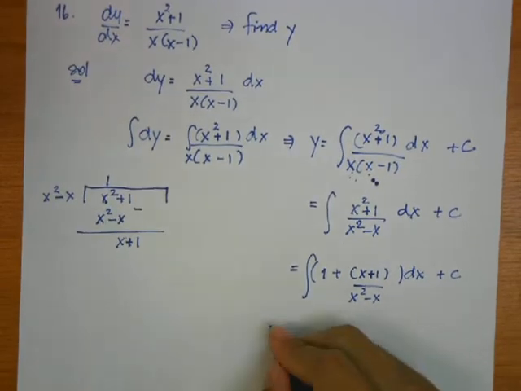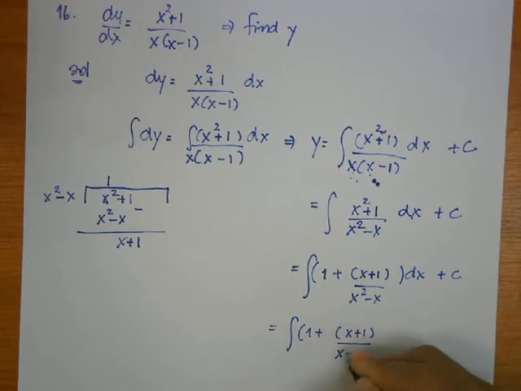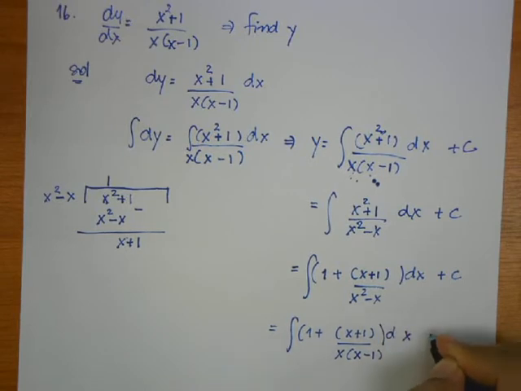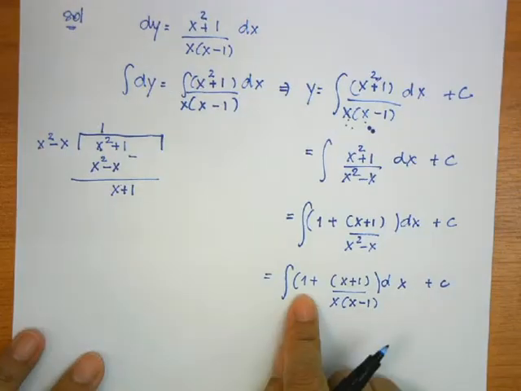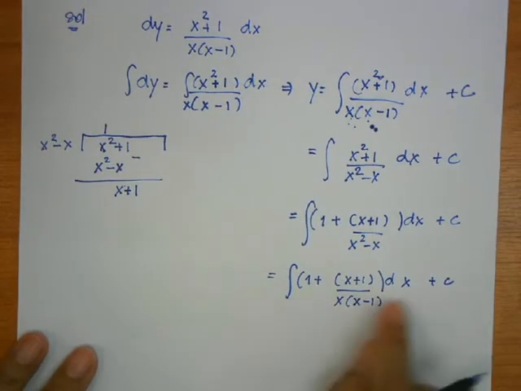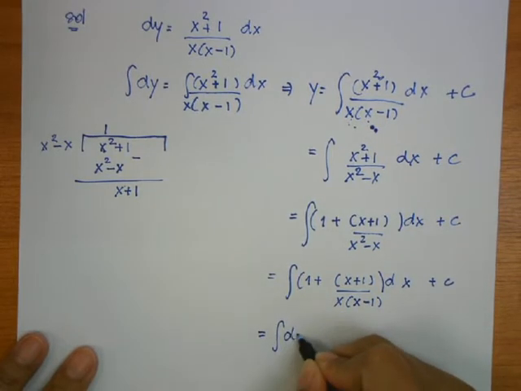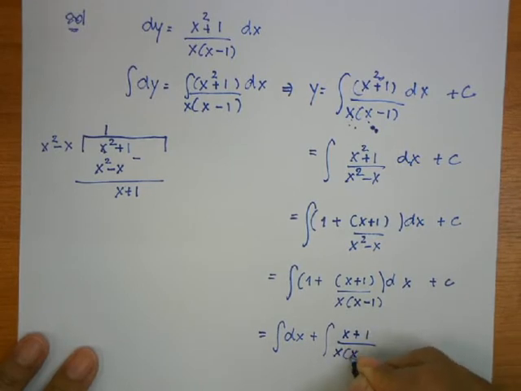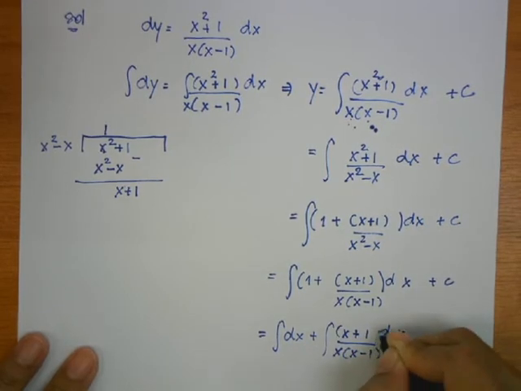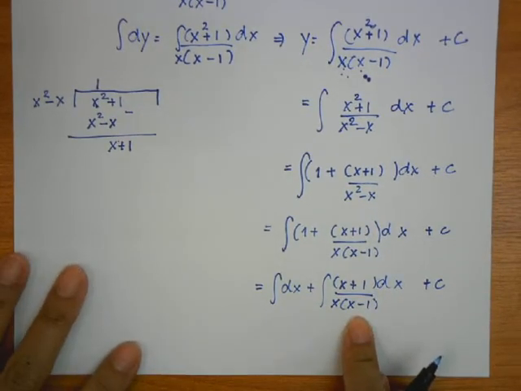And then you would get, now with the first term you can integrate it already, right? You just distribute dx to 1 here. But for the second term, you can't integrate it yet.